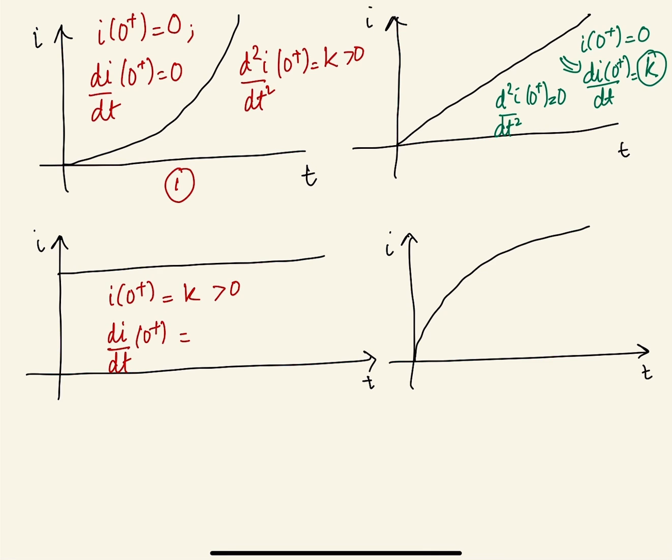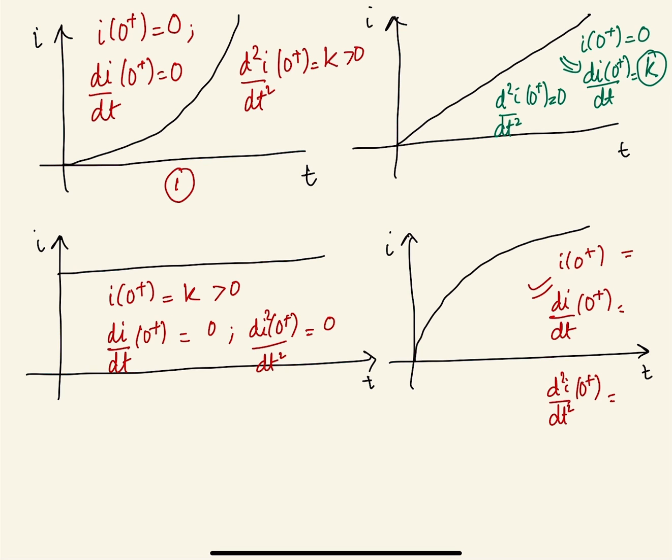This is again 0 here, and the second derivative d square I by dt square is also equal to 0, because this is again flat, no change, so the first derivative is also 0 and the second derivative is also 0. Similarly you can find the expressions for I0, di by dt at 0 plus and d square I by dt square at 0 plus for this curve as well.